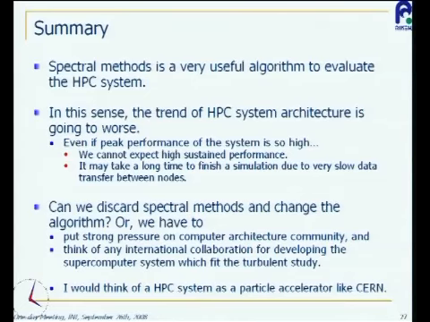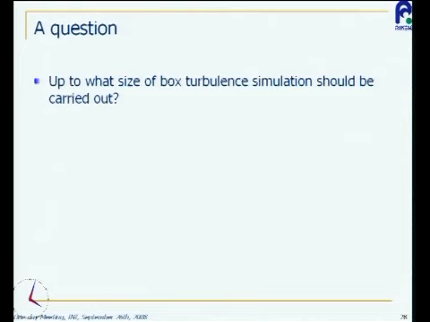And I would like to ask all of you, can we discuss the spectral method and change the algorithm? Or we have to put strong pressure on the computer architecture community and think of an international collaboration for developing a supercomputer system over the world, which fits turbulence study. I usually think about the HPC system as a particle accelerator like CERN.